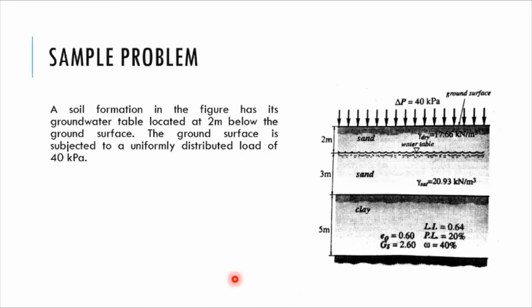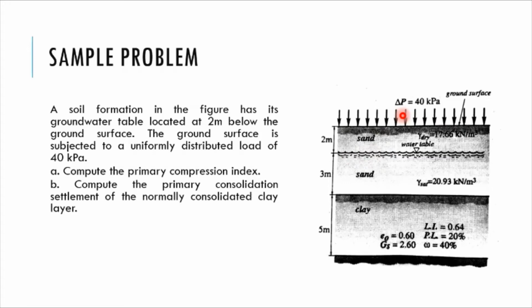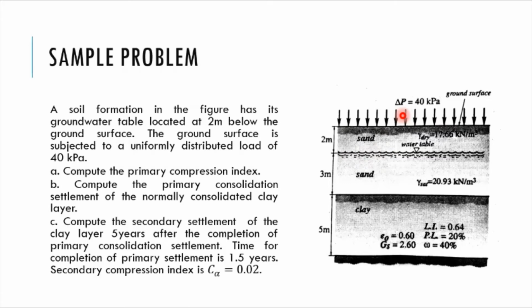This is the soil formation, and it has a groundwater table located at 2 meters below the ground surface. And the ground surface is subjected to a uniformly distributed load of 40 kPa. So we need to first get the primary consolidation settlement of the clay if it is normally consolidated, and lastly, we have to compute the secondary consolidation settlement of the clay layer 5 years after the completion of primary consolidation settlement.